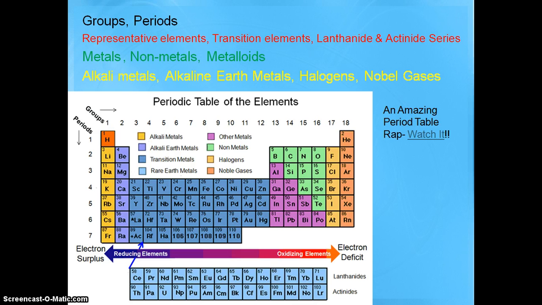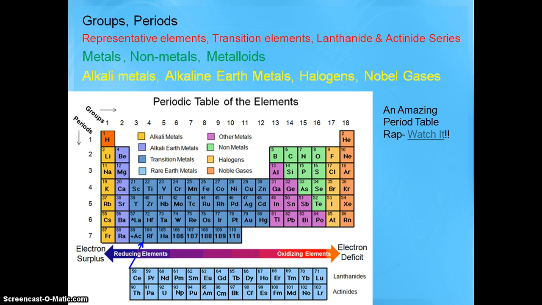Okay, let's see. Your first group, starting with hydrogen, is going to be your alkali metals. They are highly reactive. Group 2, also very reactive, alkaline earth metals. Make sure you label those. Groups 3 through 12, those are going to be your transition elements.